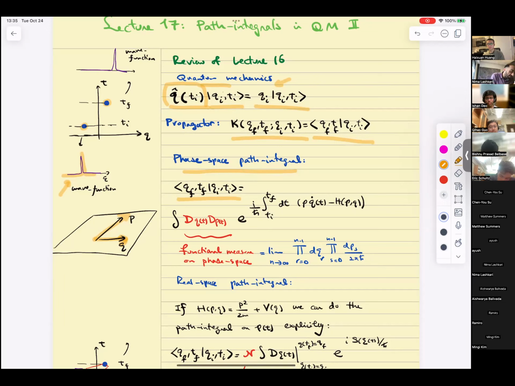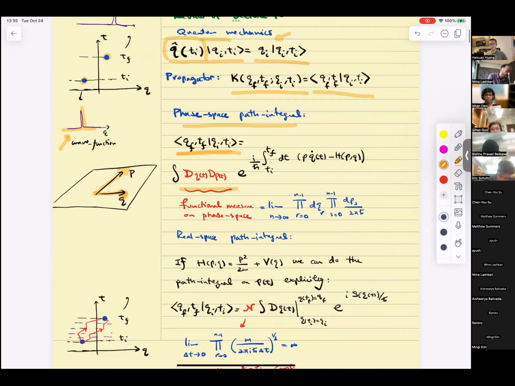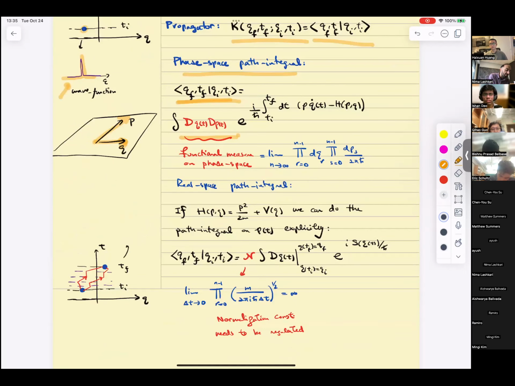We expressed the propagator as a functional integral over all possible path histories in phase space, all possible Q of t's and P of t's, with a weight that is a phase, the exponent of which is P Q dot minus the Hamiltonian.